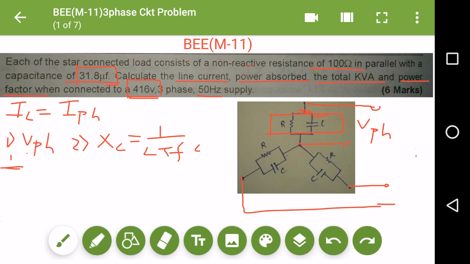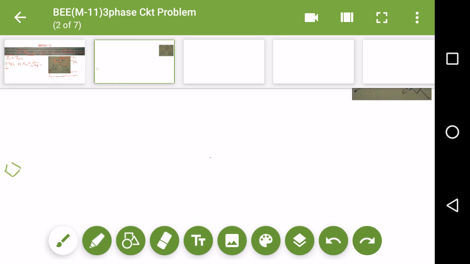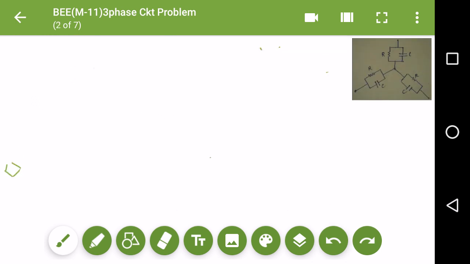I will find the capacitive reactance and the phase voltage, and only after that will I go for the line current, power absorbed, total kVA, and all that. So without wasting time, let's begin with our first finding, the phase voltage.